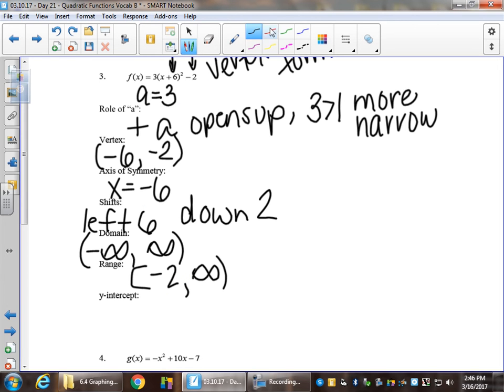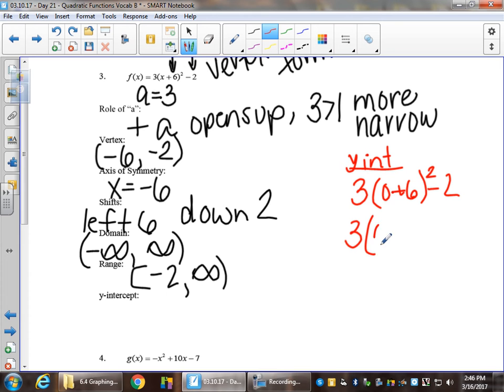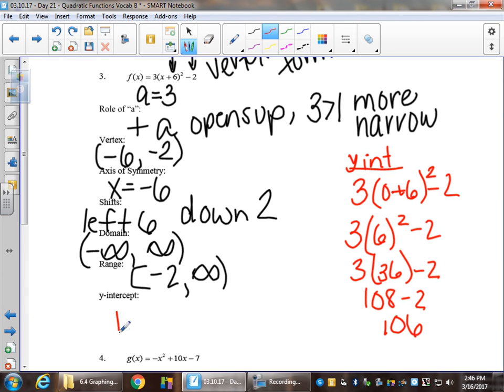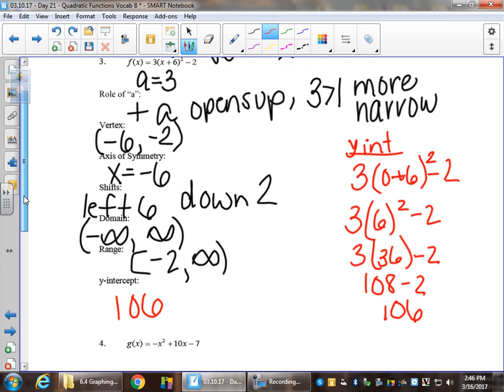In order to find the y-intercept, we plug 0 in for x. 3 times 0 plus 6 squared minus 2. 3 times 6 squared minus 2. 3 times 36 minus 2. 108 minus 2 gives us 106 as our y-intercept. And we're done.